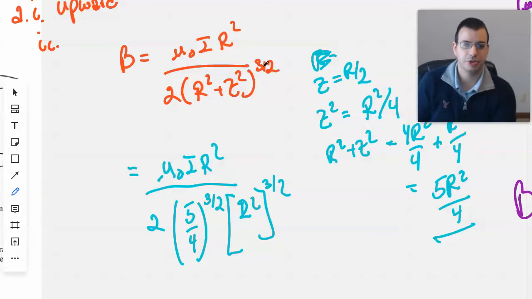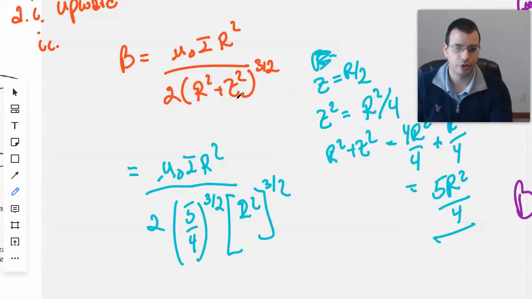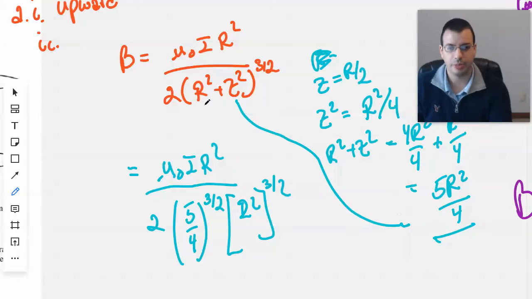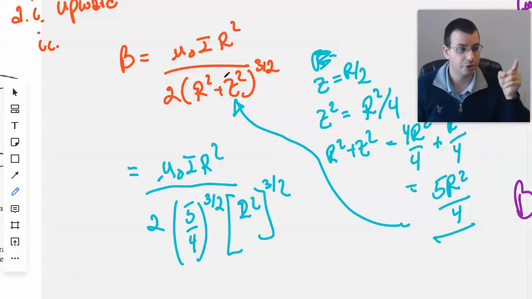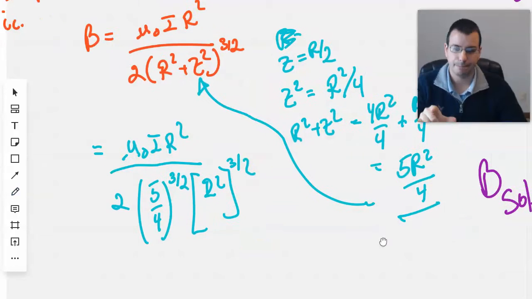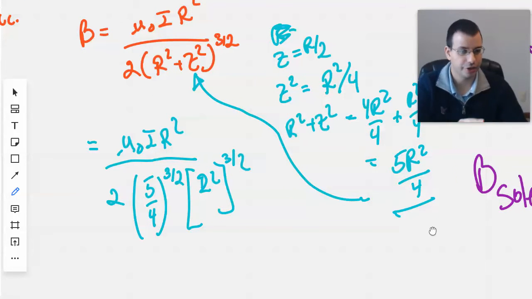So what I did was I distributed this 3/2. That part right there is 5R squared over 4. And I distributed the 3/2 exponent to each of the parts, to the 5/4 and the R squared.